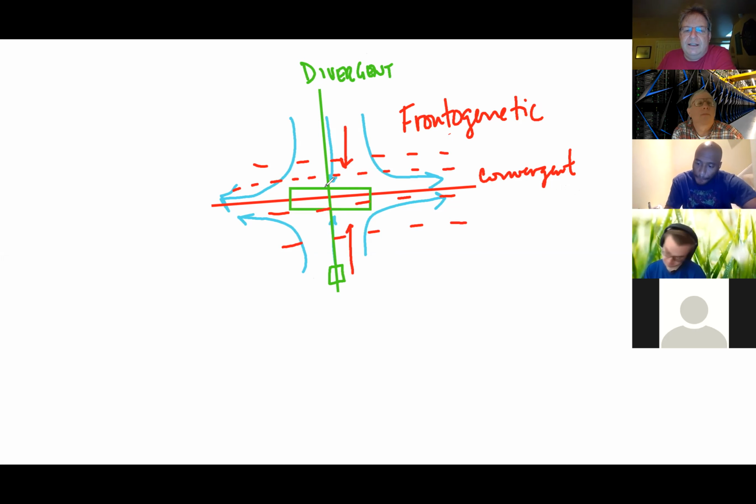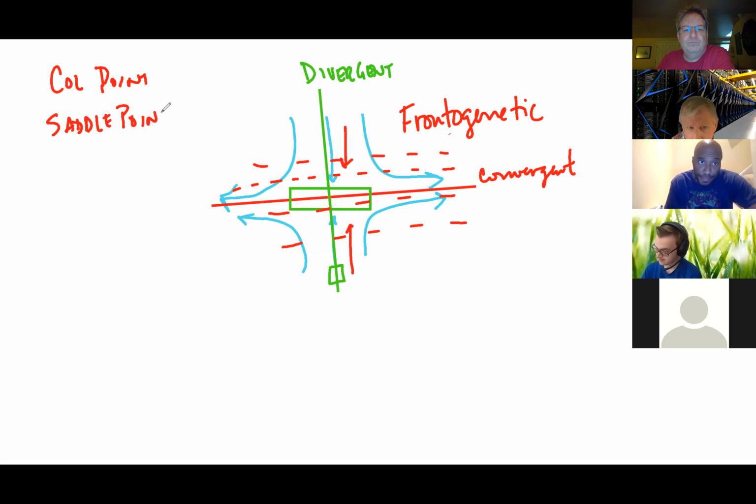So what's another name for a col point? Does anybody know? It's called a saddle point. Why is it called a saddle point? Okay, if I draw a saddle, this is what a saddle looks like.